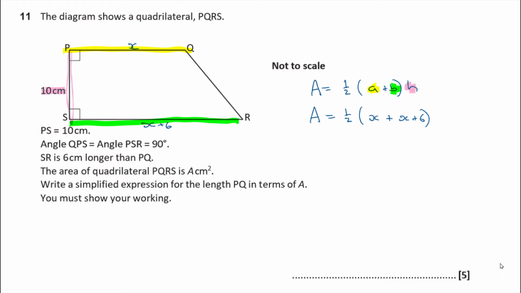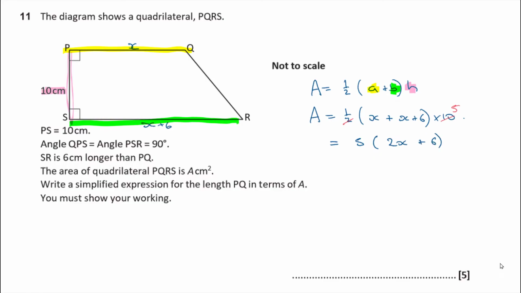So we're going to be timesing that by 10. I'm just going to half the 10, make 5. There's one little quick move, get rid of the half straight away, and then I'm going to add the two terms together in x inside the bracket to give me 5 lots of 2x plus 6.